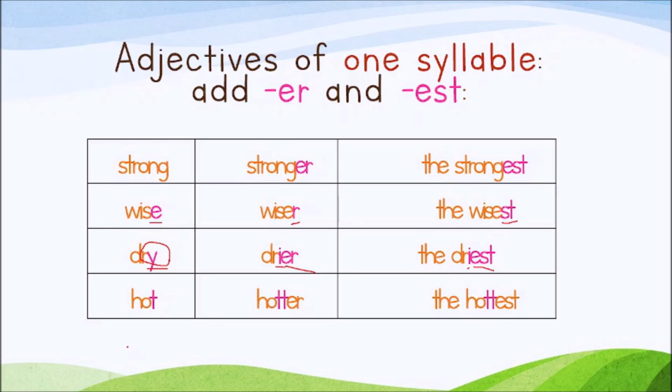And for some adjectives like hot, we have to double the consonant T and add ER to make it hotter, and same with hottest. So we have to double the letter T and add EST.